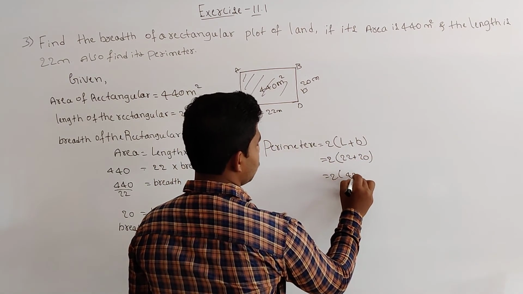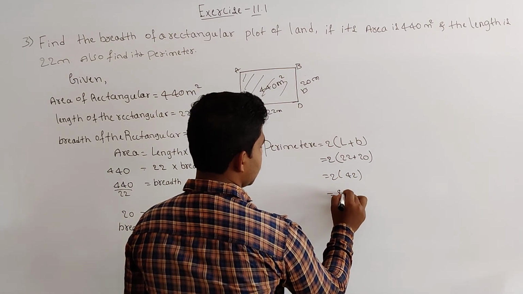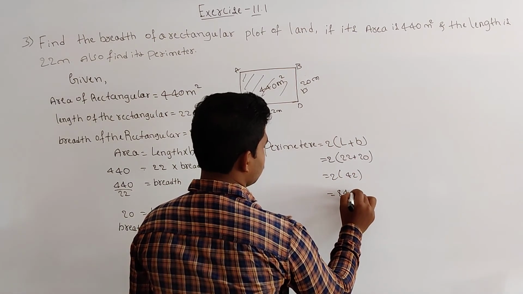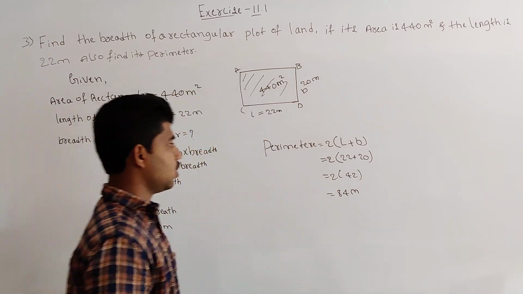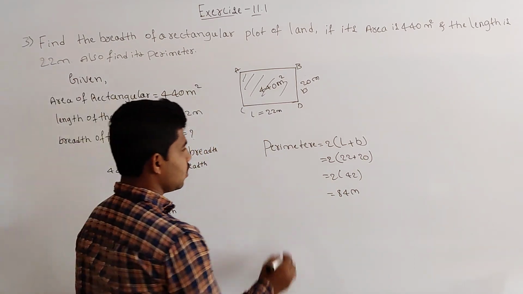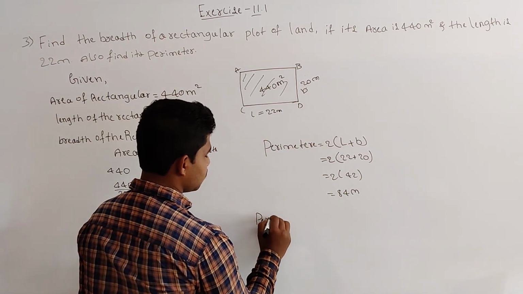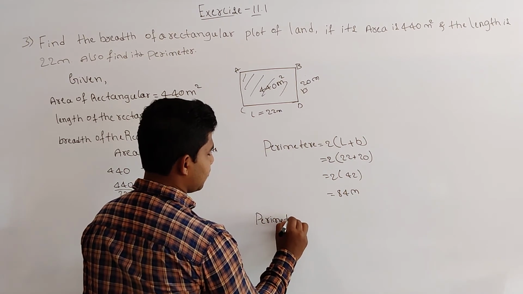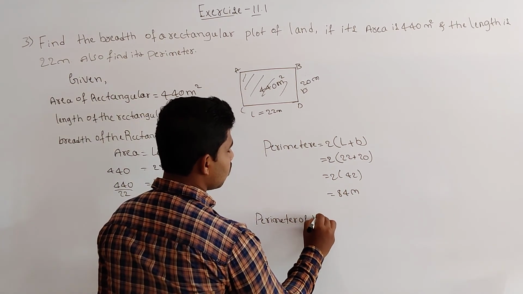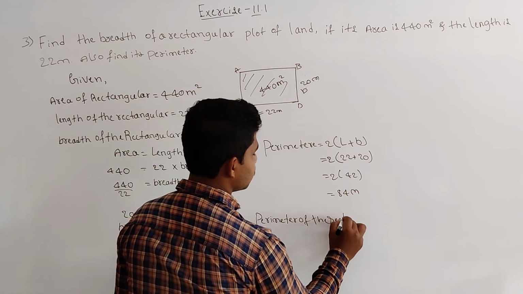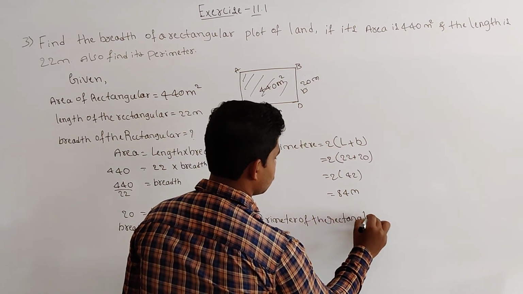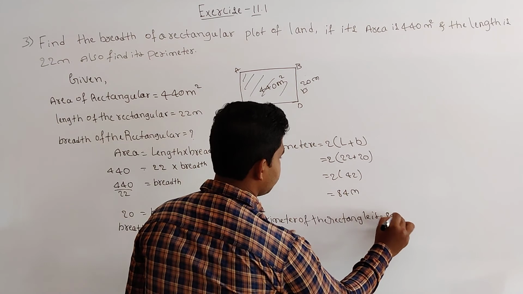You will get 42, and we will get 84 meter. The perimeter of the rectangle is 84 meter.